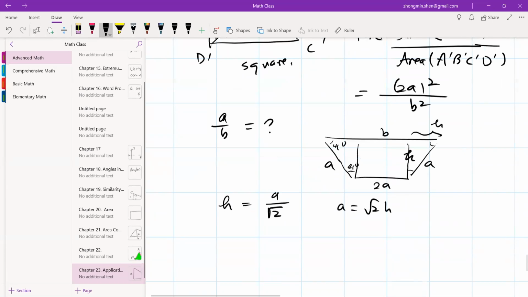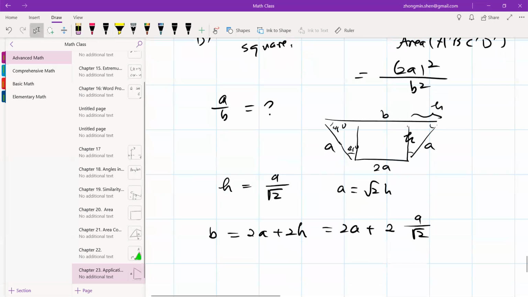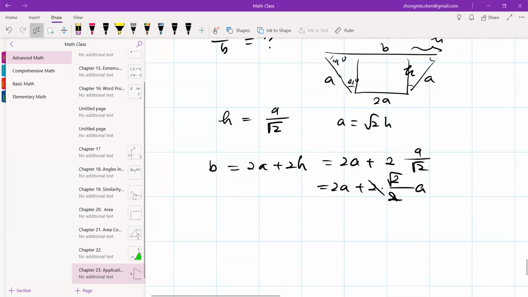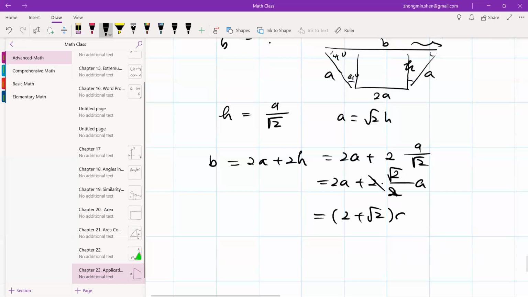So that's why B is going to be 2A plus 2h. H is going to be A square root 2 over 2, and if you rationalize the denominator, it's going to be 2 square root 2 over 2. So 2 cancelled out. So my answer is 2 plus square root 2 A.